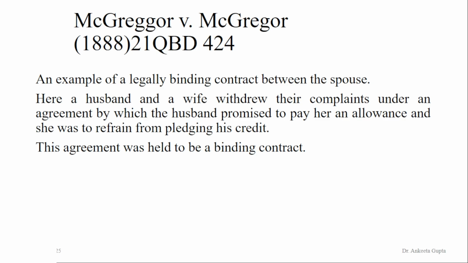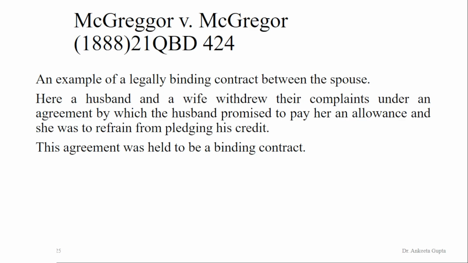Why would one say that this was held to be a binding contract? Because both the husband and the wife were able to prove that their specific actions, for example, withdrawing of complaint or refraining from pledging the credit, had very specific connotations in terms of the agreement that was entered into between the two. And that it was not just a dinner table conversation that, okay, fine, I will give you £20 a month, or I will give you £30 a month.